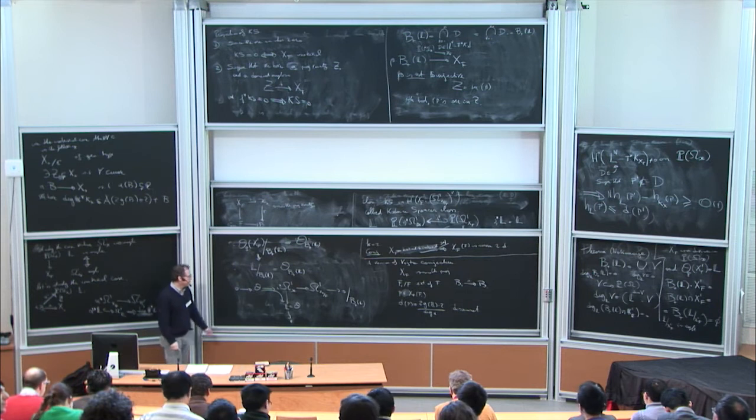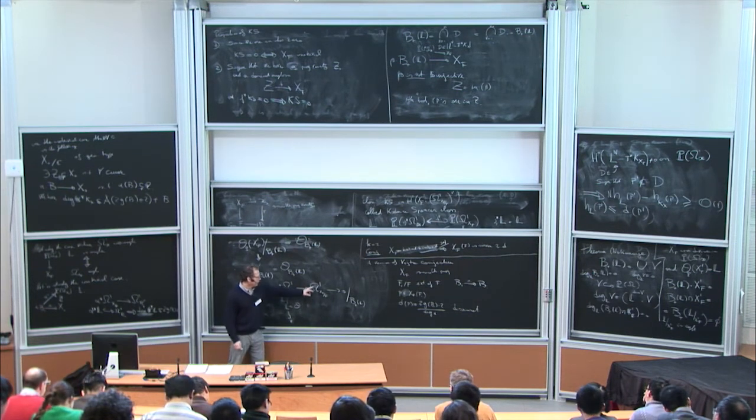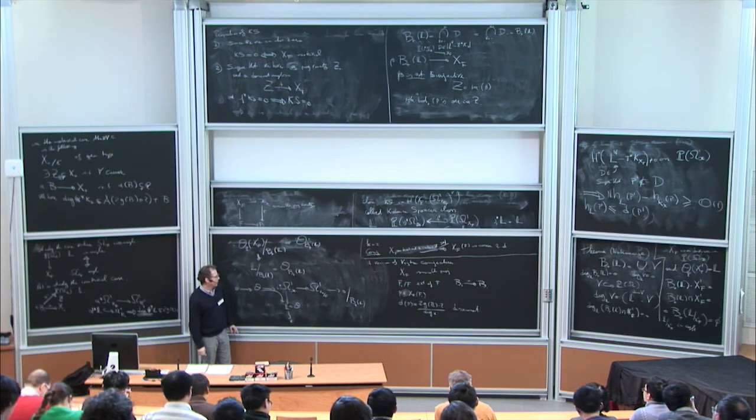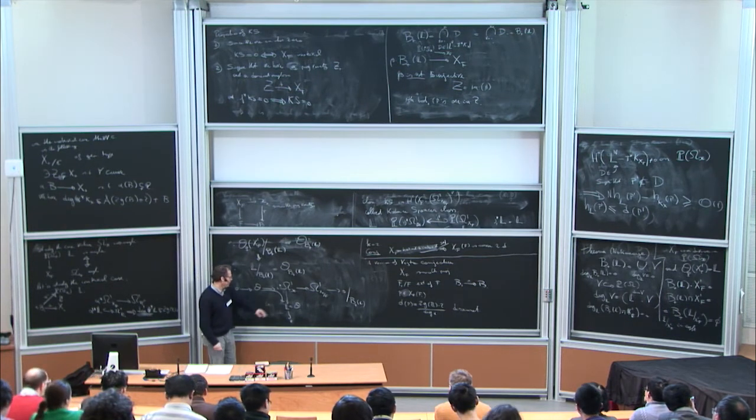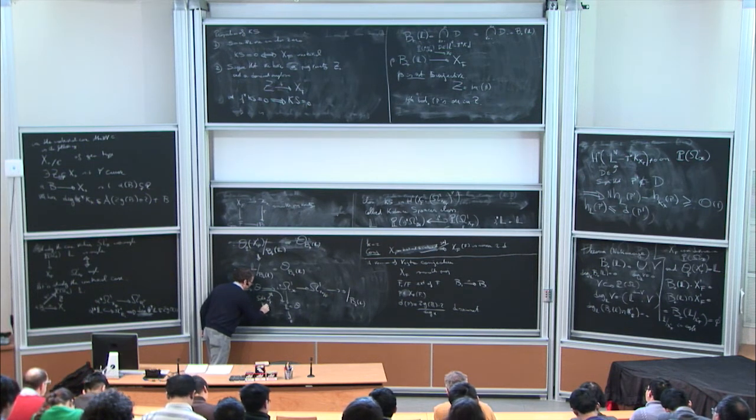And since this map is exactly the intersection with x1, this map is a splitting of the sequence restricted to B plus.